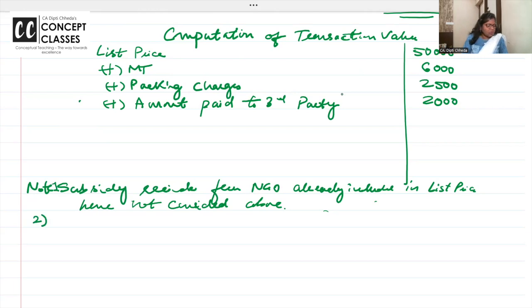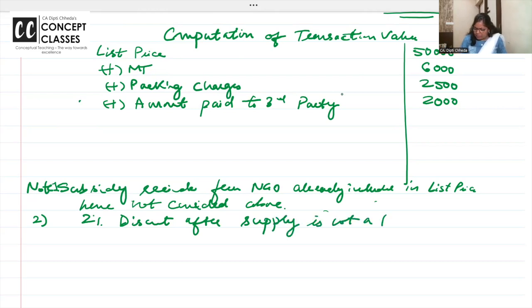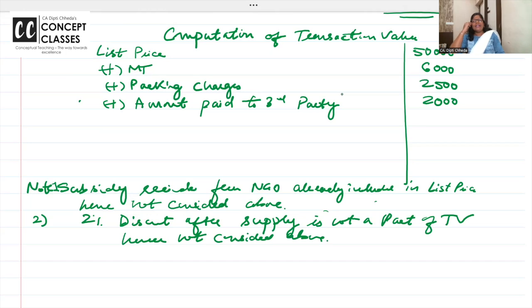Now I'll write note 2. 2% discount after supply is not a part of transaction value, hence not considered above. Right? It's like a year-end secondary discount, it has nothing to do with transaction value, so it's to be ignored.